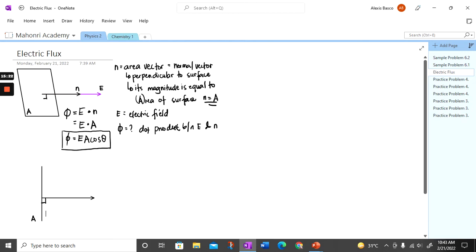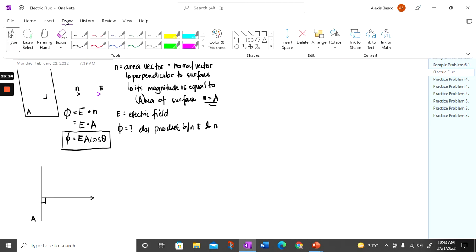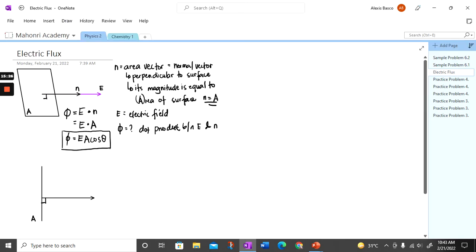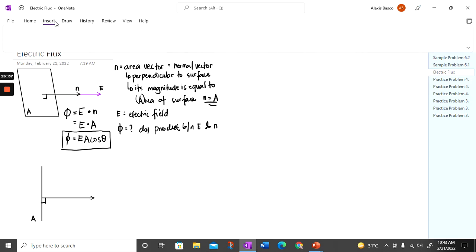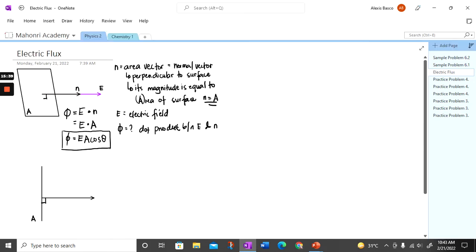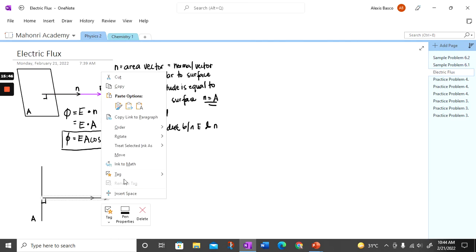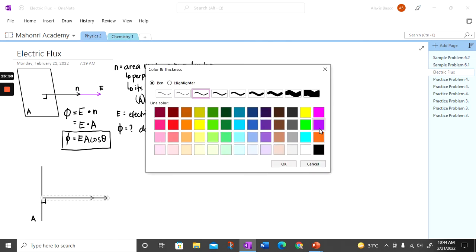And then what if I look at my E? My E should be uniform, so it will always go in this direction. Let me redo that. Let me change this color so that we know this is E. E is purple.